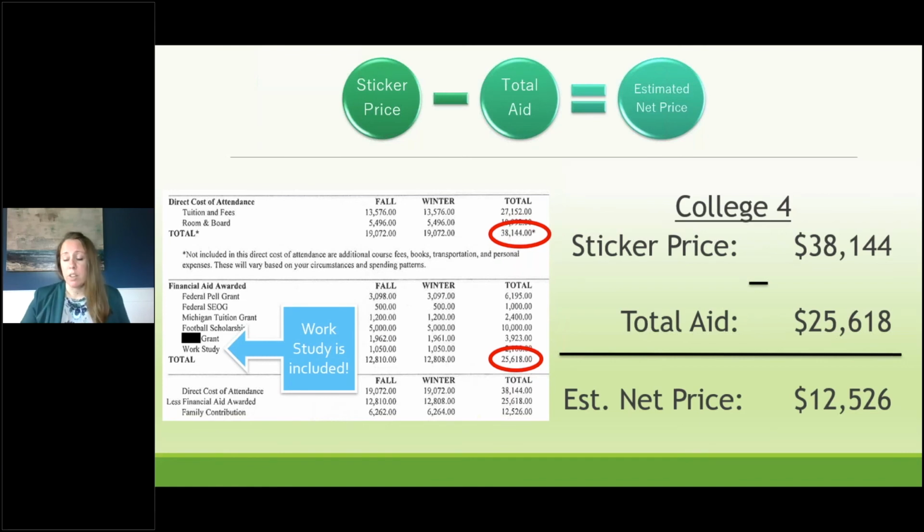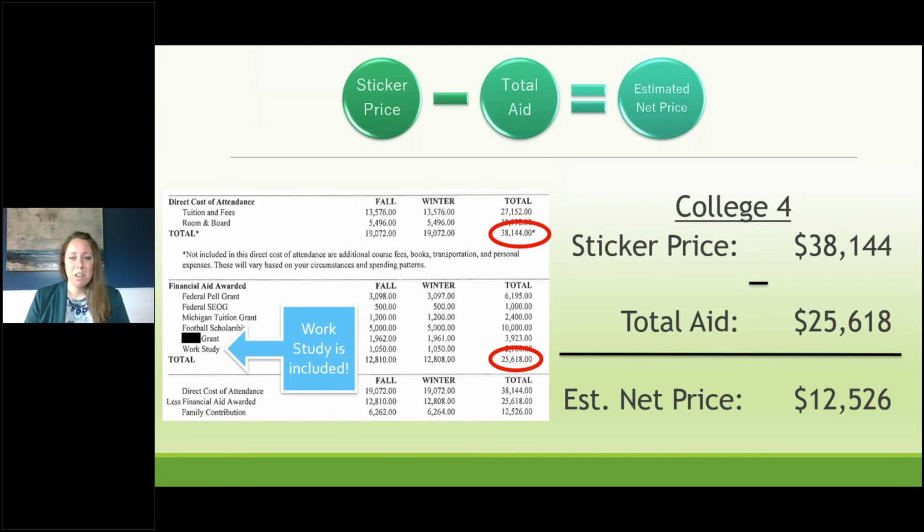If so, great. There may be some more steps that they're going to have to take to activate that work study with the college. And if not, they may want to let the college know so that they can get rid of that work study award for the student and get a better idea of what that financial aid is. So it's a good spot to, if you see it on there, talk to the student.